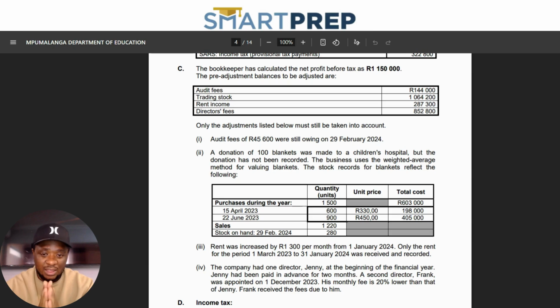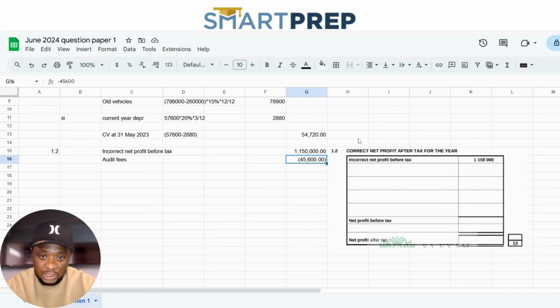Well, 603,000, which is the total purchases for the year. So that would be the blankets available for sale. And after that, we'll divide by the units available for sale, and that will give us our weighted average cost.